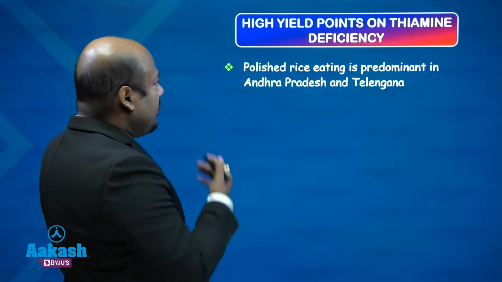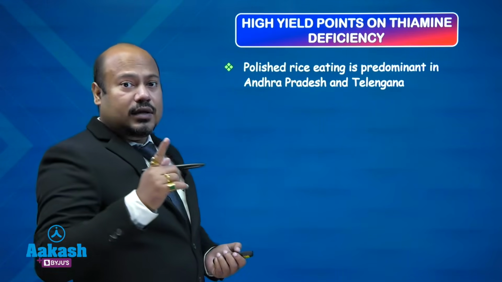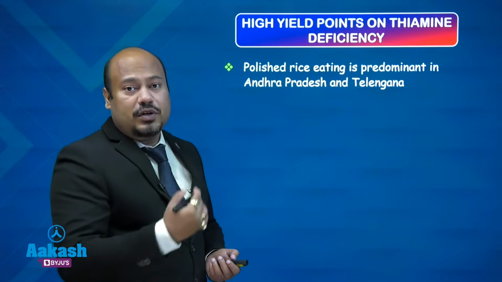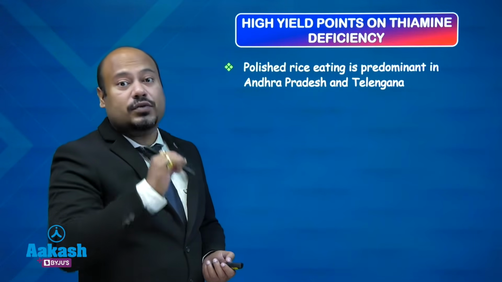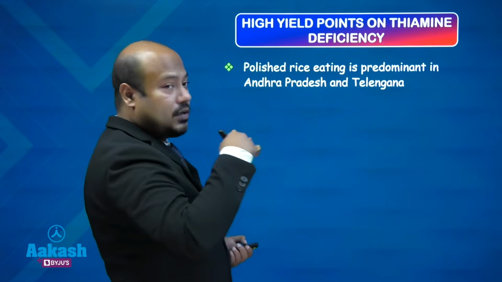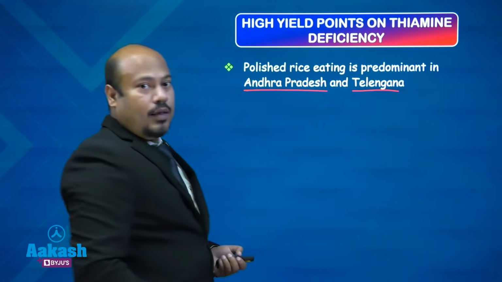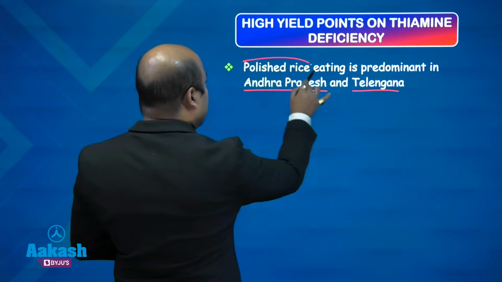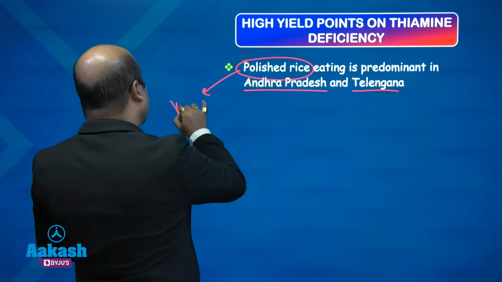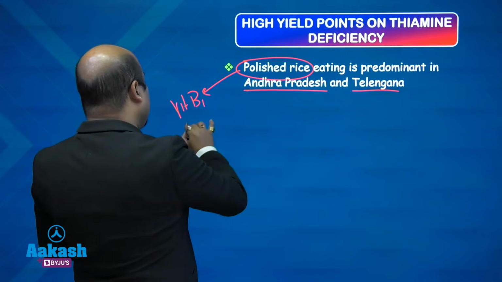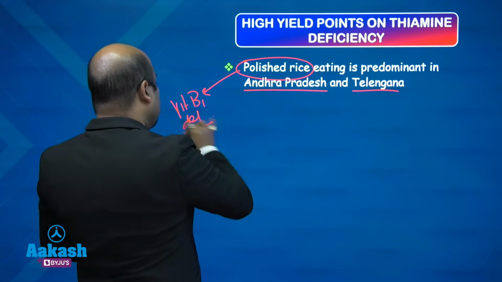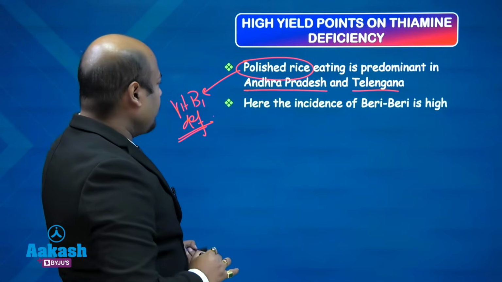High yield points on thiamine deficiency. Thiamine deficiency is affecting which population? That population who is eating polished rice. And polished rice consumption is predominant in Andhra Pradesh and Telangana. Polished rice is vitamin B1 deficient, okay?